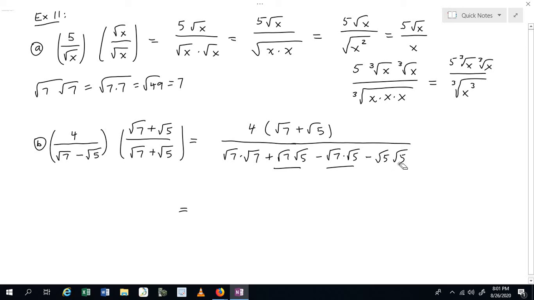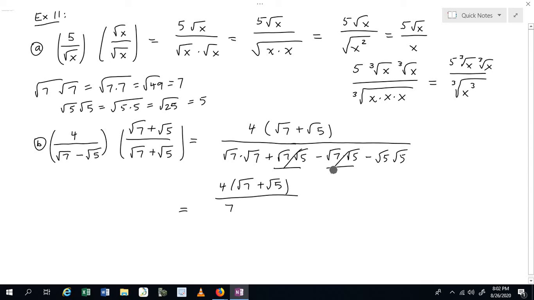And the same thing's going to happen here. When you take the square root of 5 and multiply it by the square root of 5, you get the square root of 5 times 5, which is the square root of 25, and that's 5. So it no longer has a radical. Okay, so let's just write that down. We're left with this on top, and then on the bottom, this becomes 7.